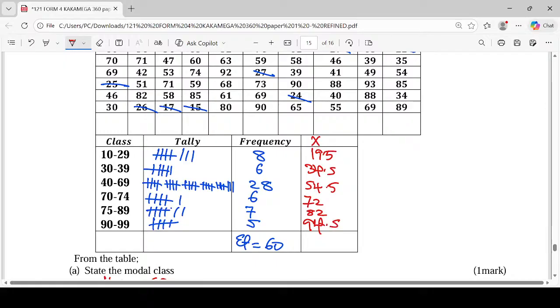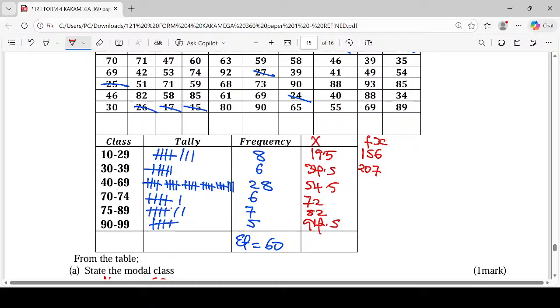So after that, you need to populate another column here for fx. 8 times 19.5, that is 156. 6 times 34.5, that is 207. Be very keen.